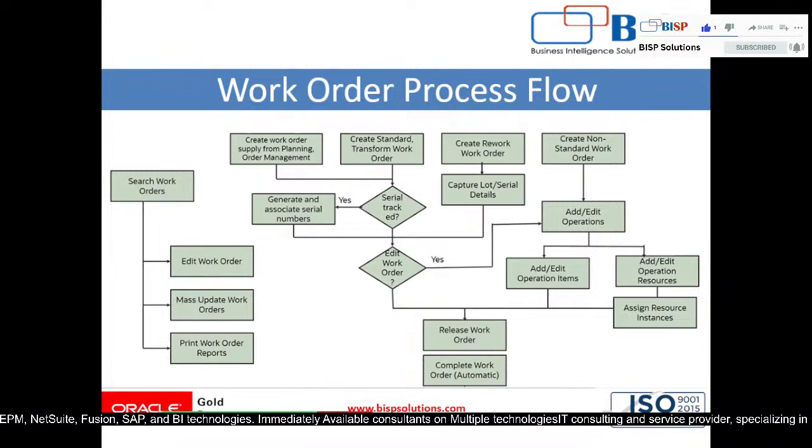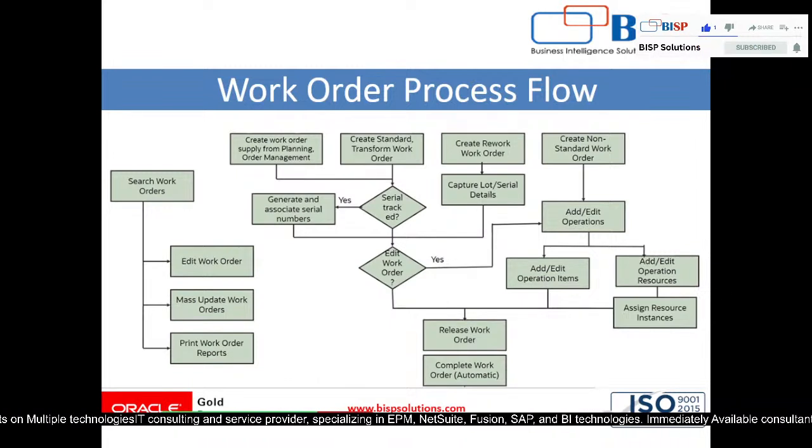So normally when you create your standard work order, that's going to be for the product, or you can say for a particular item. So it will have the particular work definition, which is used for execution.